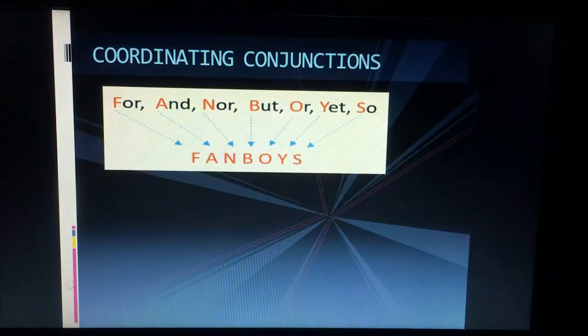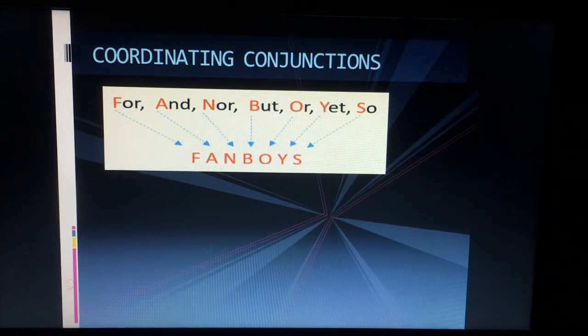Let's move on to the other one, which is coordinating conjunctions. As you can see, there is a word here, FANBOYS. F stands for for, A for and, N for nor, B for but, O for or, Y for yet, and S for so.